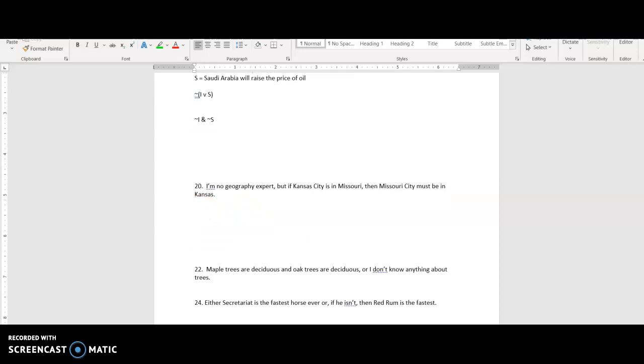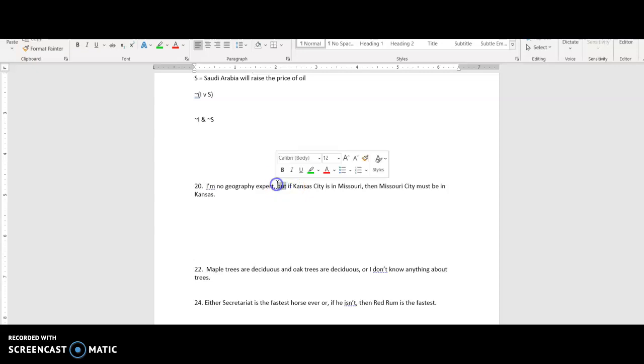Okay, so 20, I'm no geography expert, but if Kansas City's in Missouri, then Missouri City must be in Kansas. Now, in general, if somebody said something like this, you might just kind of ignore the first part because it's kind of throat clearing. But it's logic. We want to translate everything.